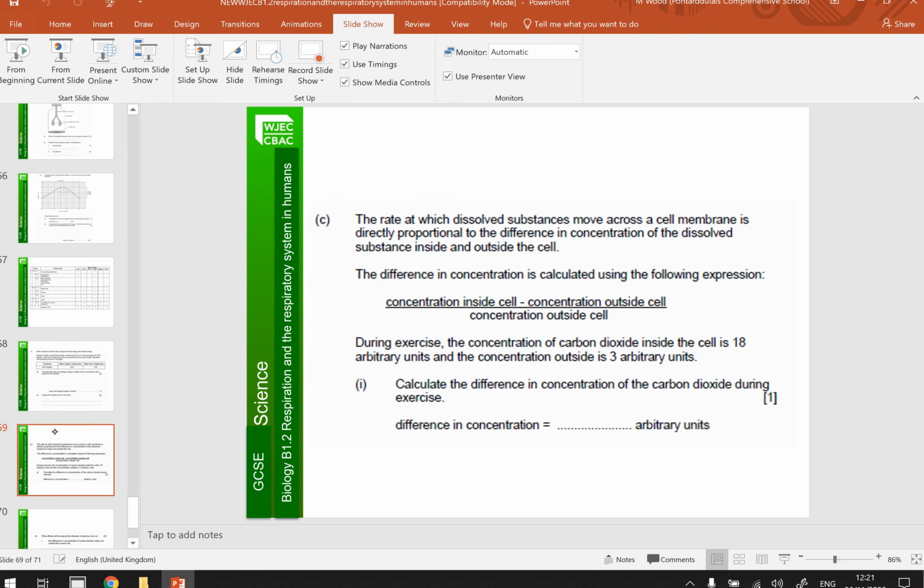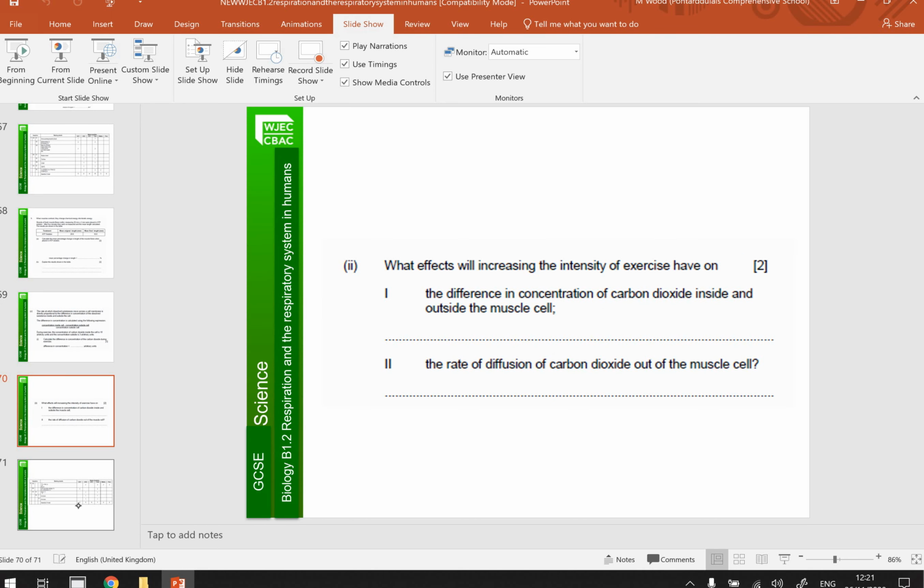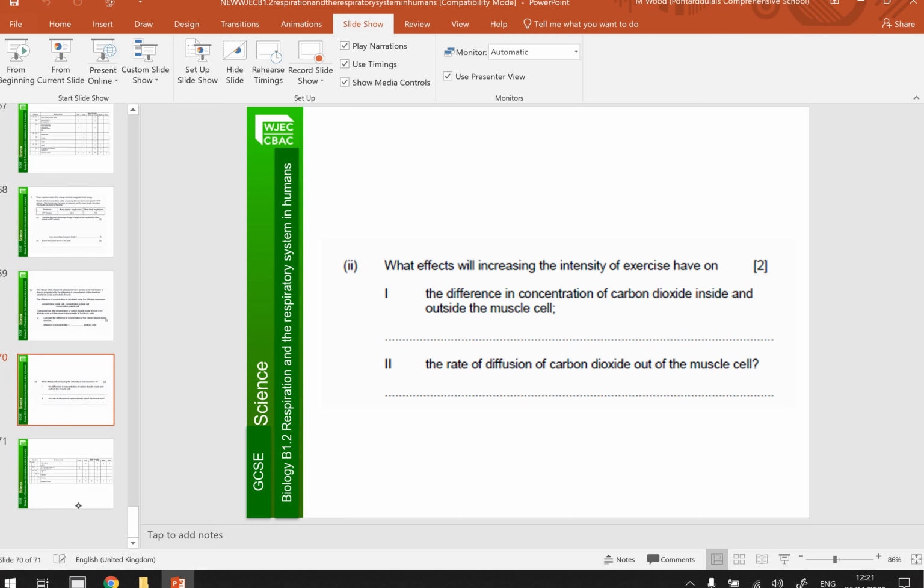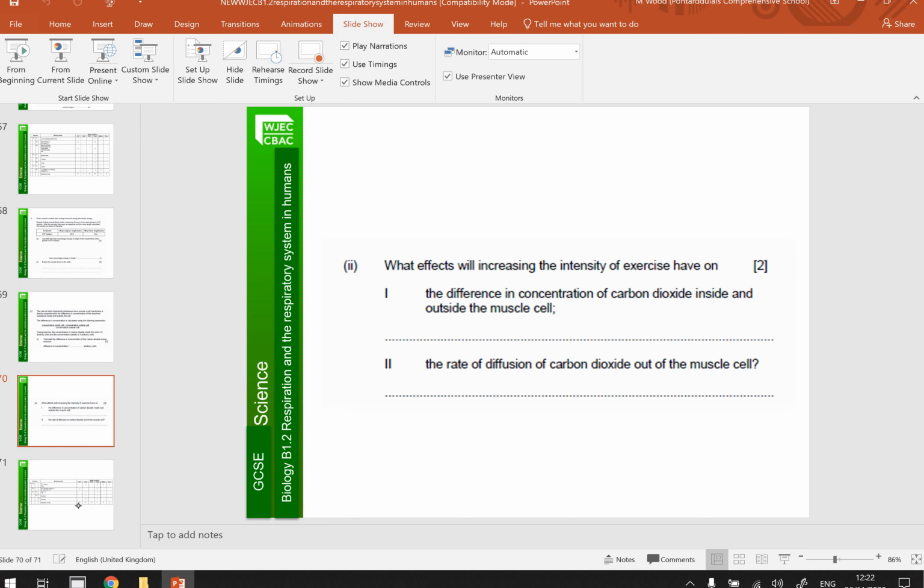And then it gives you an equation to use to work out the difference in concentration. Okay, so use that to help you. And then the last part of that question about the effect of increasing intensity. And again, if you're getting stuck, the answers are on slide 71 of this PowerPoint.